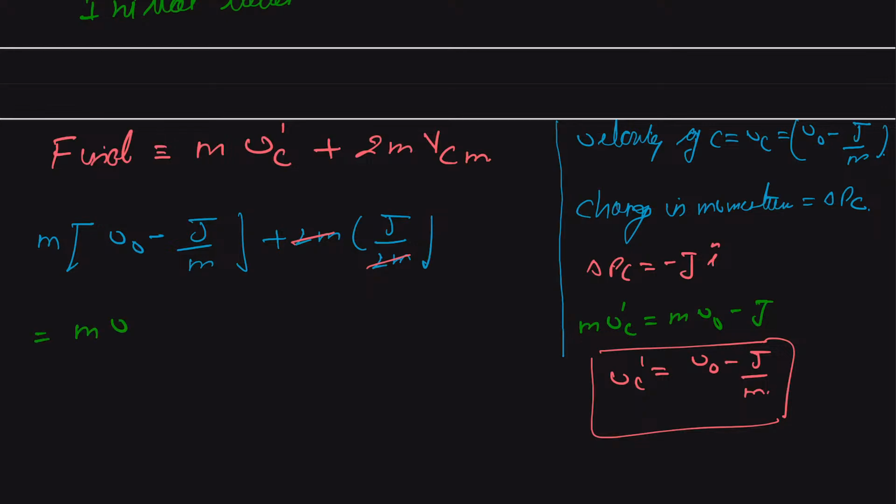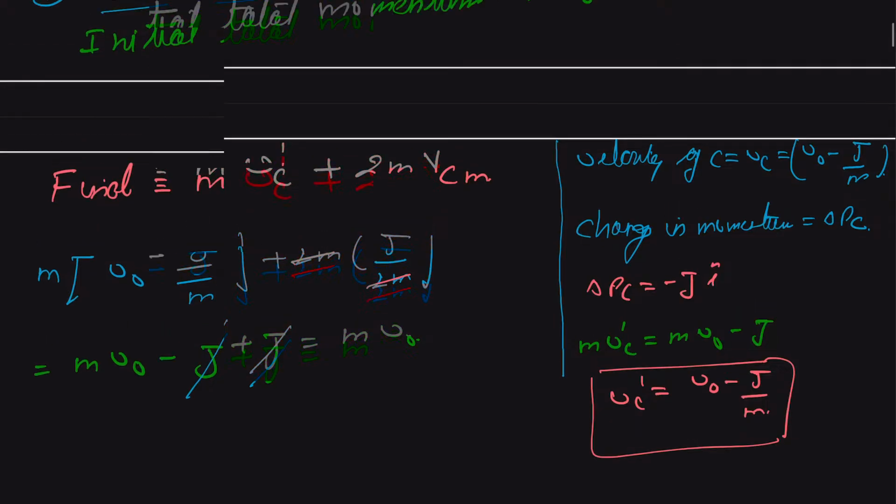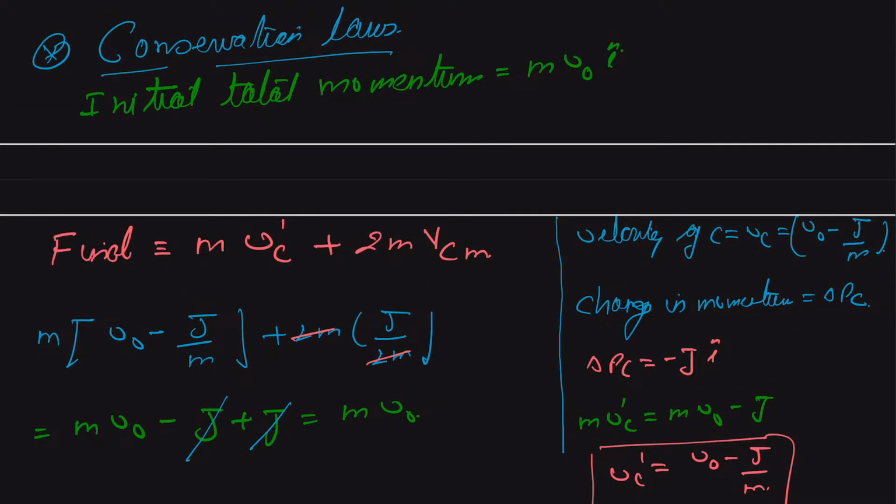We get m v naught minus j plus j, and this minus j plus j cancels out, so this comes as m times v naught. So this is our final momentum. And this also tells us that there is a conservation of momentum.